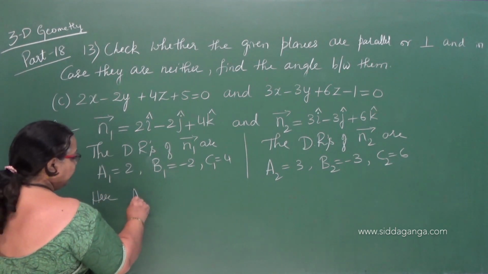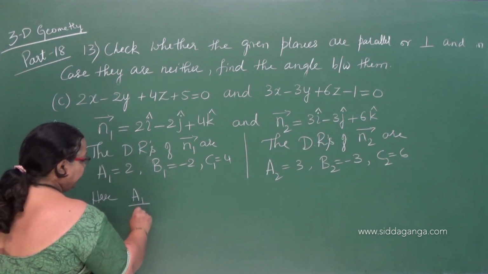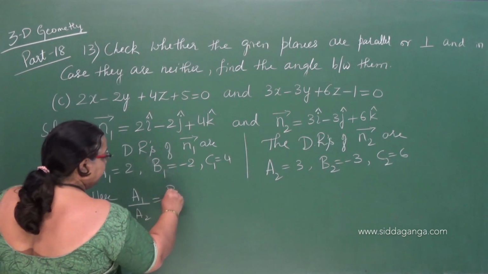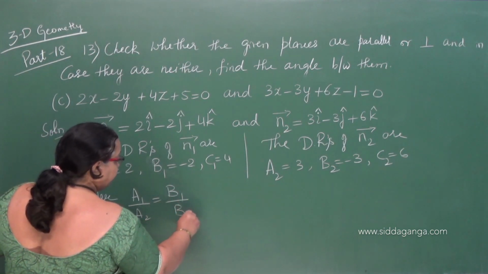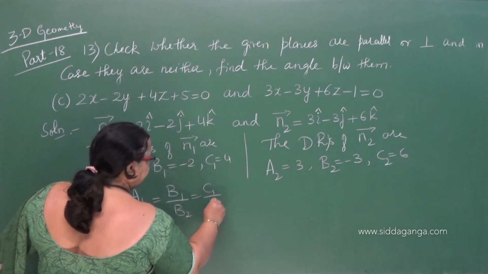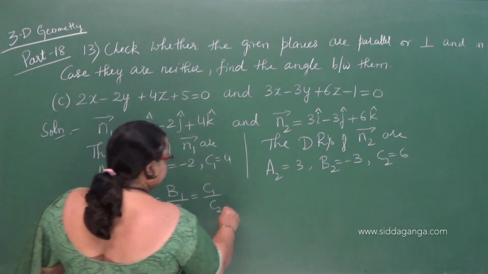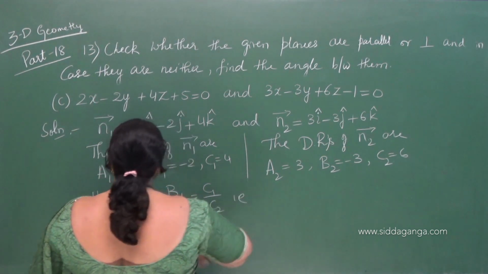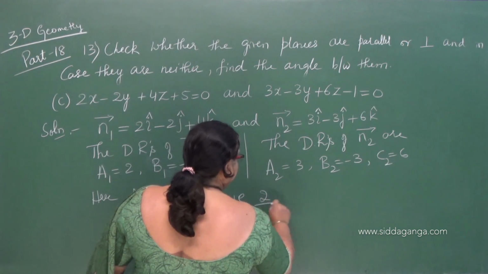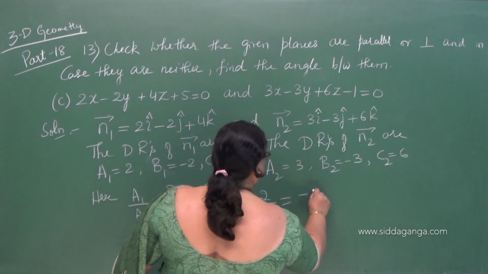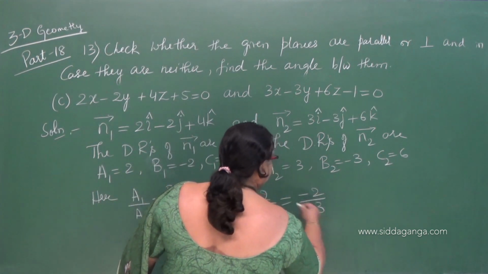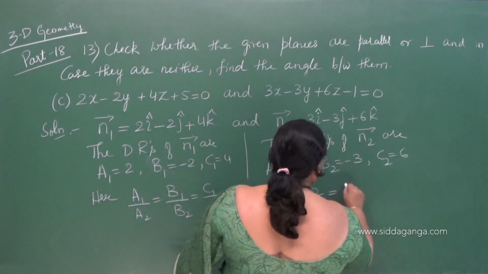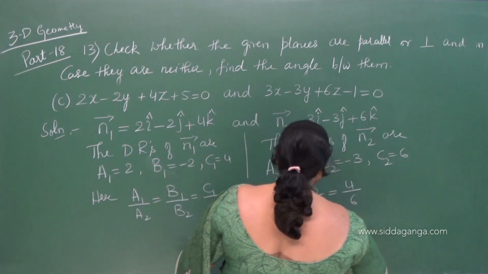Here a1 by a2 is equal to b1 by b2 equal to c1 by c2. That is, a1 by a2 is 2 divided by 3, equal to minus 2 divided by minus 3, equal to 4 divided by 6.